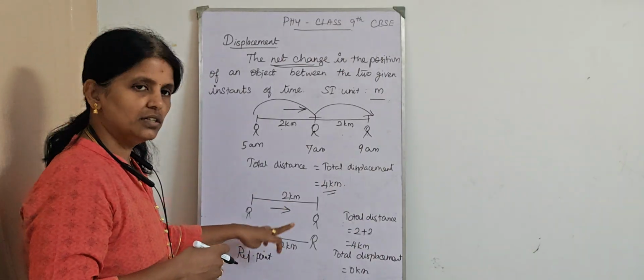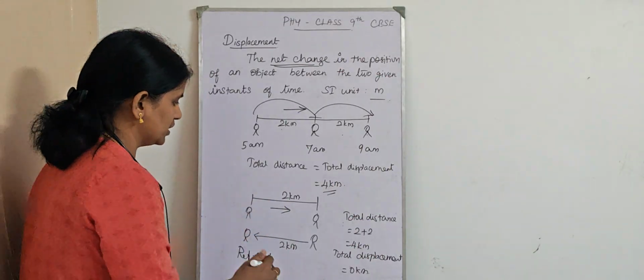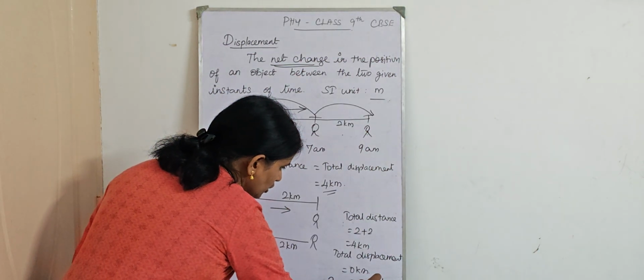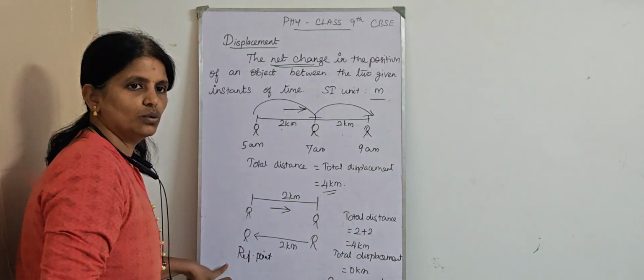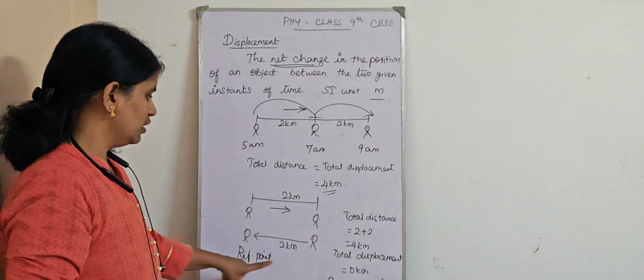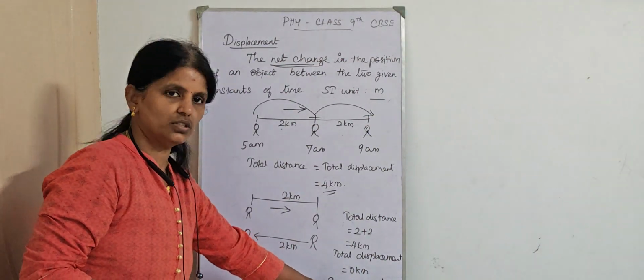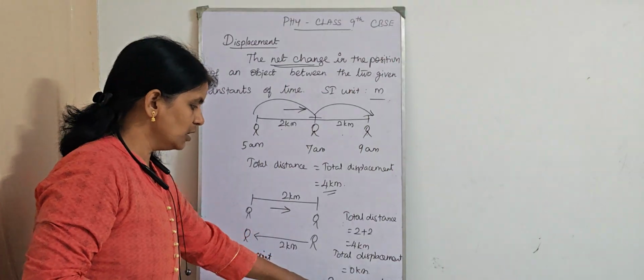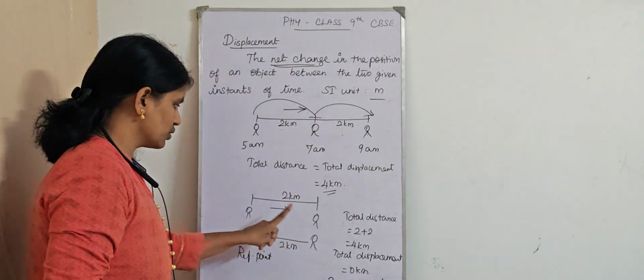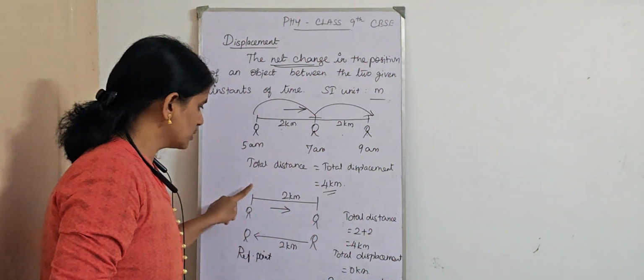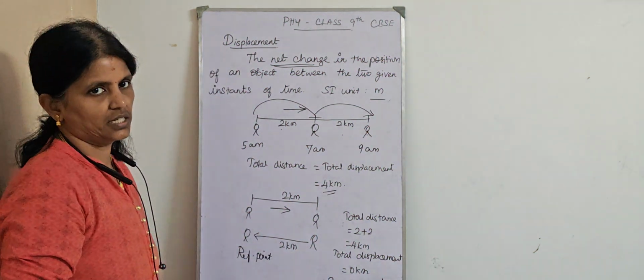When the direction is changed, it is 2 minus 2, which is nothing but 0 km. So there is a change in the direction of the movement. Whenever there is a change in the direction of the movement, we have to subtract. So 0 km is the total displacement in the second case.